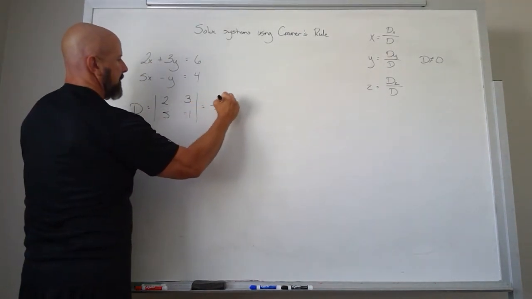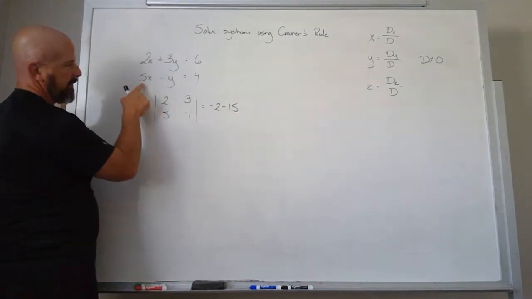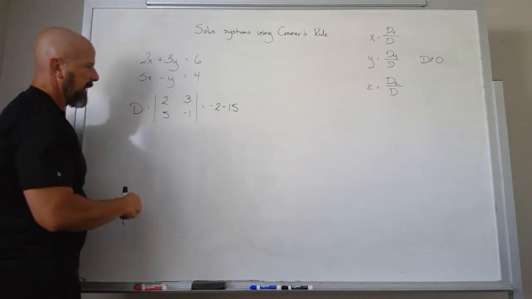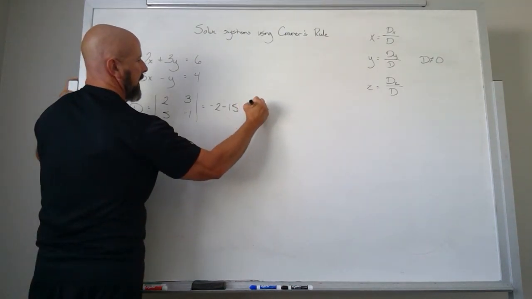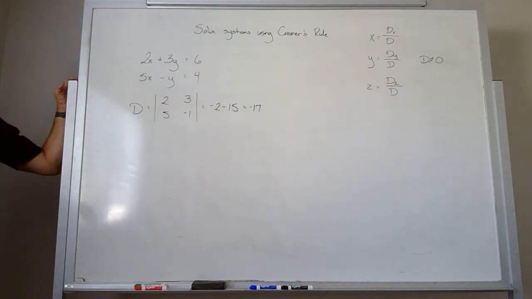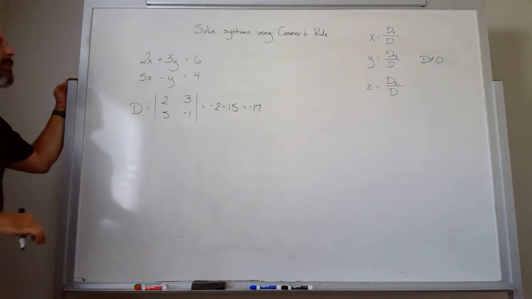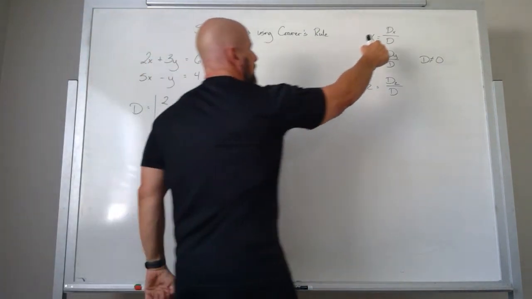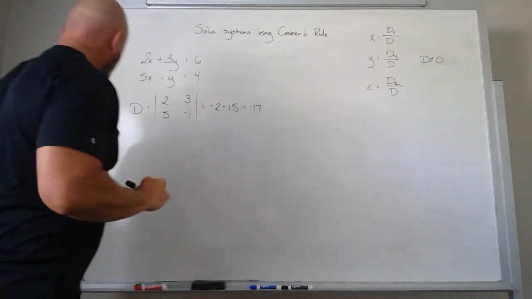This would be negative 2 minus 15. So just like we were doing before, negative 2 minus coming back 15. So negative 17. That base determinant is not 0, so I'm going to continue forward. All right, so there's my d value, so that's what I'm going to have in here on these fractions.